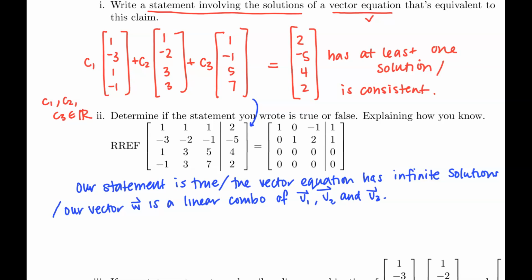And then we can decide how do we know this? That's the second part. We've answered part one, explaining how we know. In the augmented matrix, we have no inconsistencies.